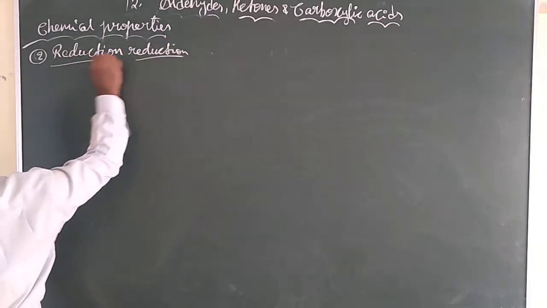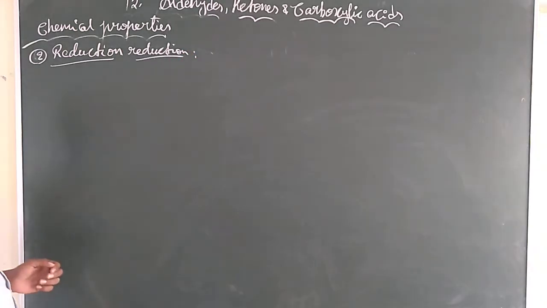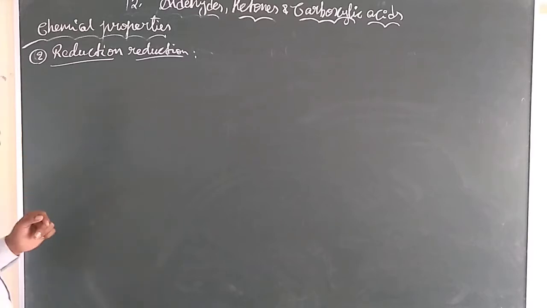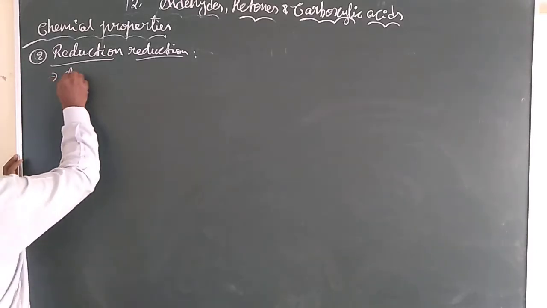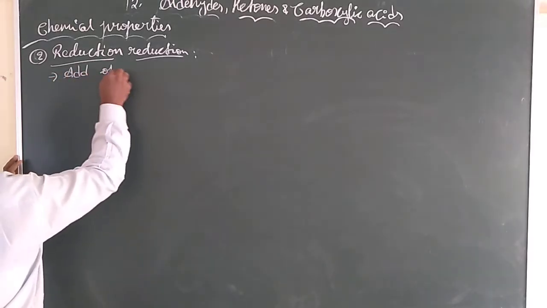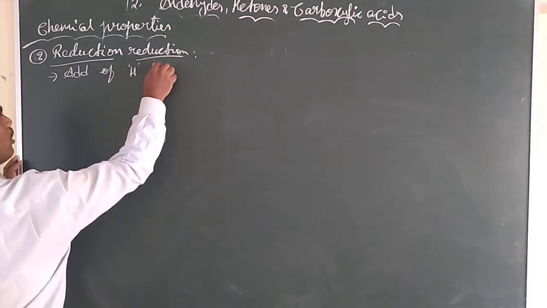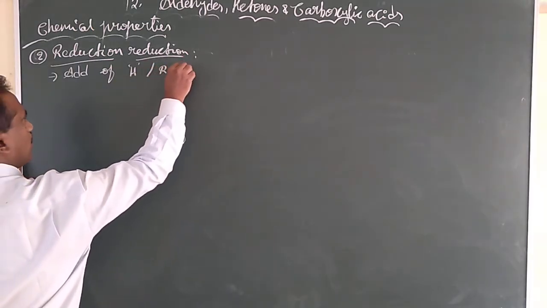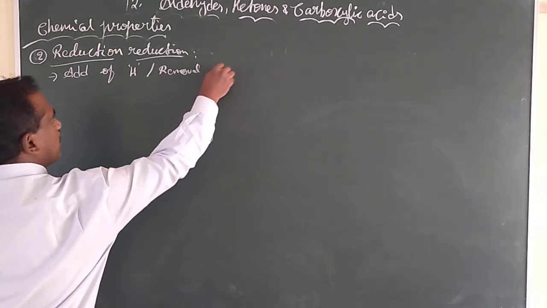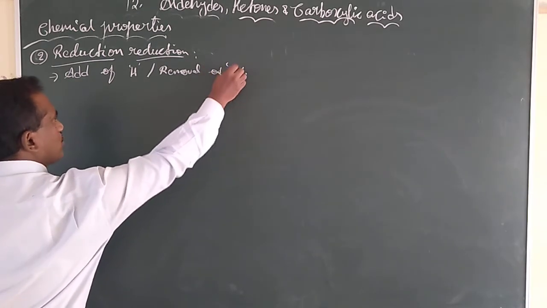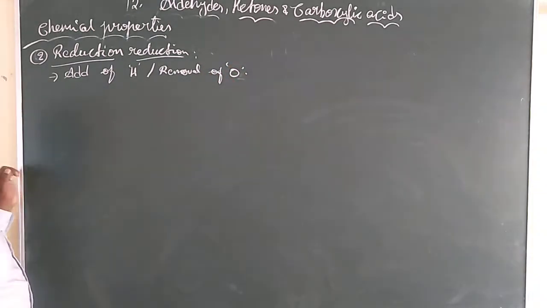Let us go for the other concepts that we do not know under the reduction reactions. Reduction means what? Addition of hydrogen or removal of oxygen. In organic chemistry, this is the simple term to understand.